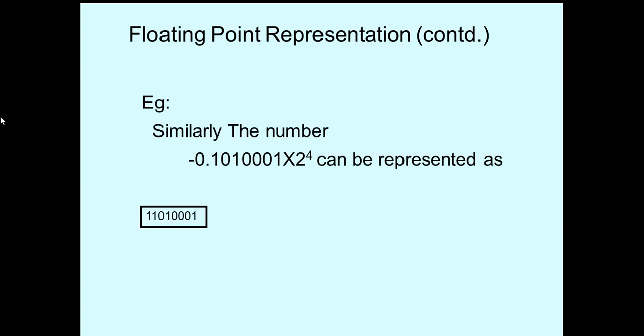Similarly, take another number, minus 0.101001 to power 4, which can be represented like this. So here, 1 is the negative mantissa sign value.